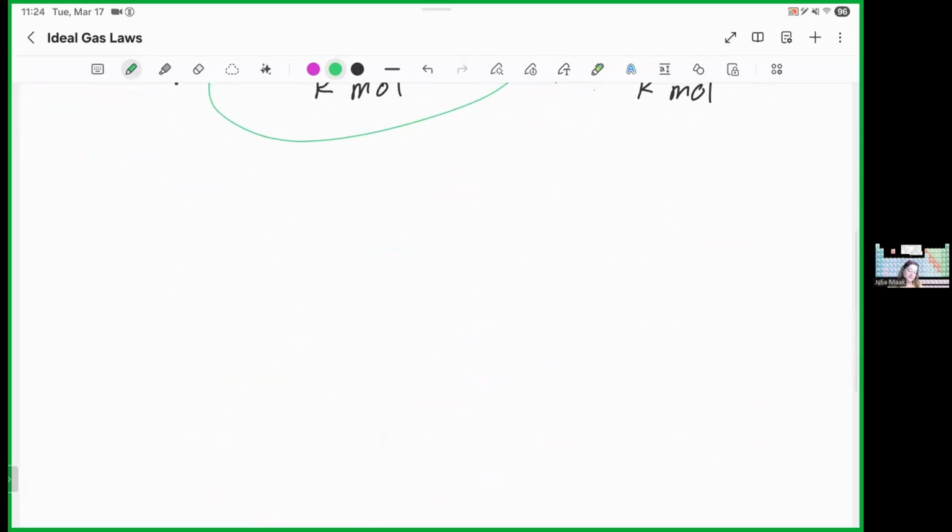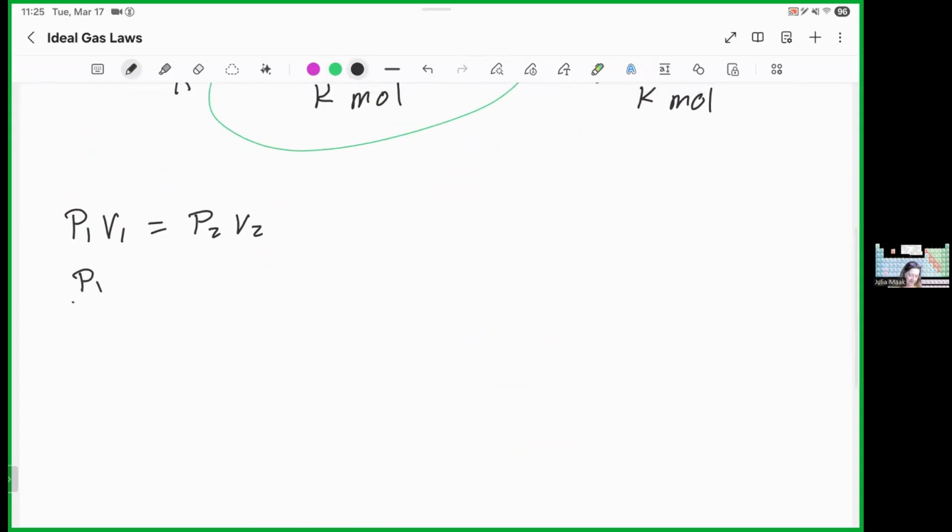In the next video that I'm going to do on gas laws, there are other gas laws, like pressure 1 and volume 1 equal to my second pressure and my second volume, or pressure 1, temperature 1 equal to pressure 2, temperature 2. Those are individual laws, and we do combined laws from those. But you notice on these, there's 2 of each thing.